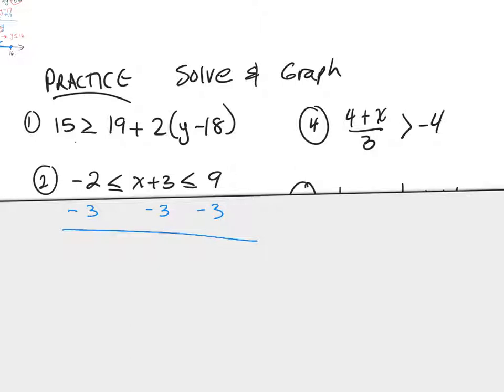There's no other x's on the left or right. I would get negative 5 is less than or equal to x, which is less than or equal to 6. -5 is to the left of 0, and 6 is to the right. And literally, this is an in-between, and it's an or equal to, so you have a shaded in between both. And that's your answer.